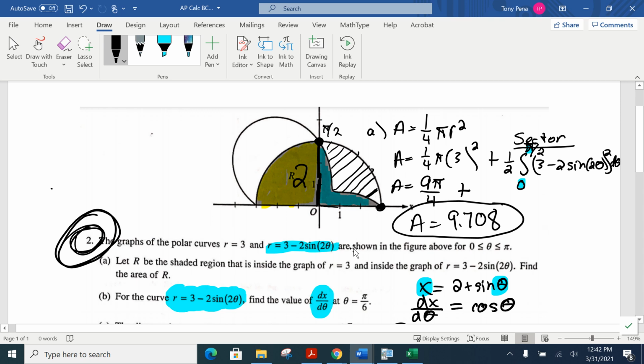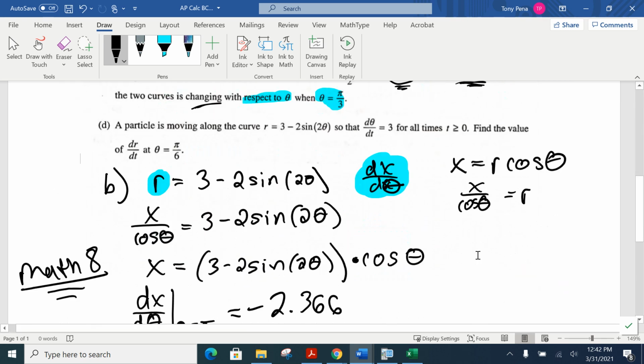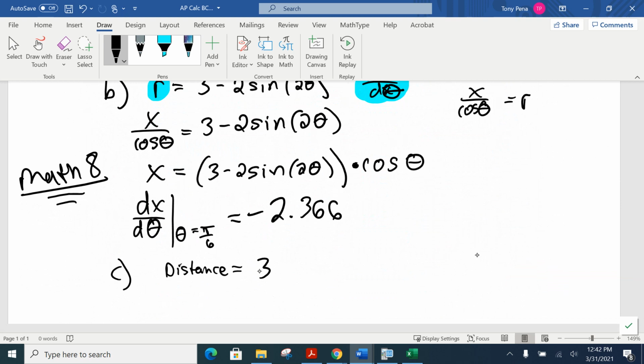All right, so hopefully as you did that, we understand that the distance always is taken from the origin when we're in polar. So the distance between these would be the outer curve minus the inner curve. So it's really just the circle minus, well, I don't know what you want to call that, but the 3 minus 2 sine of 2 theta. So the distance is 3 minus 3 minus 2 sine of 2 theta.